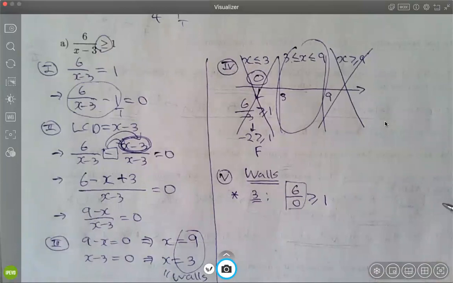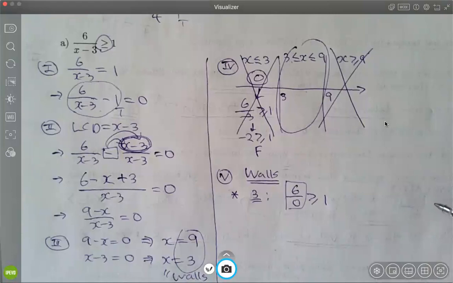Does anyone else have any other opinions? Is it 6? So you have 3 options: 0, 6, and undefined. Which one is it? It's undefined. Tricky. Undefined, yes.